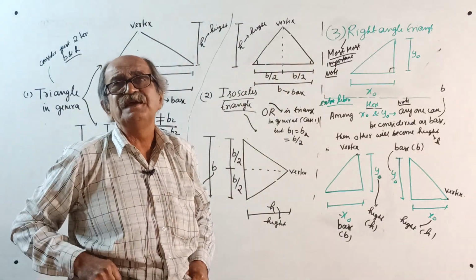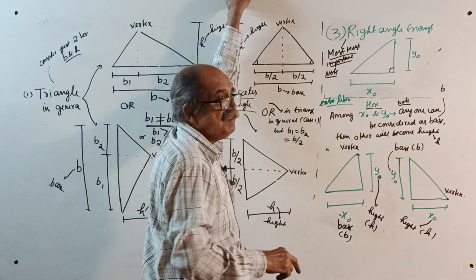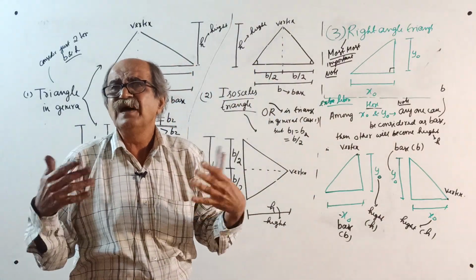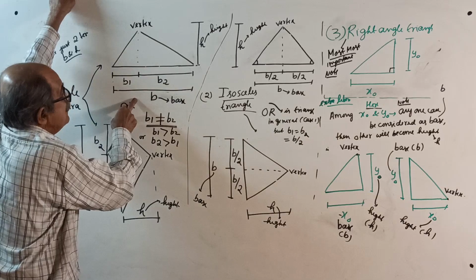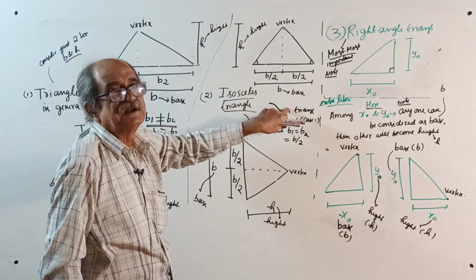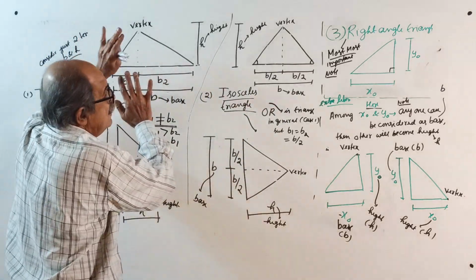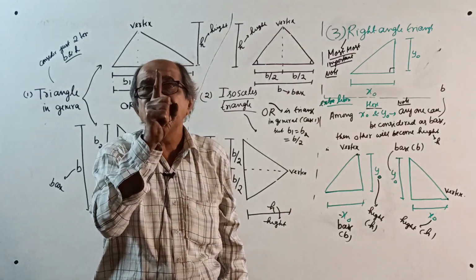That is a special case for later. Therefore, this liberty of calling any one as base and the other height is not there for a triangle in general or an isosceles triangle. In the case of a triangle in general or an isosceles triangle, there is just one base and one height.